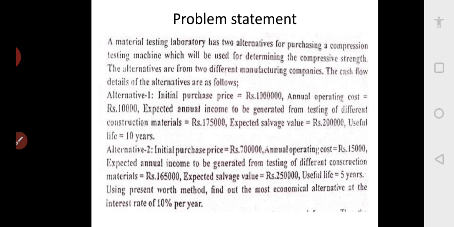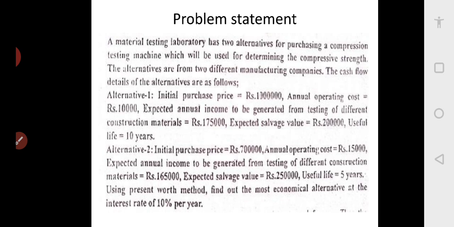UTM is universal testing machine, and CTM is compression testing machine. The alternatives are from two different manufacturing companies. They got two quotations. The cash flow details of the alternatives are as follows.